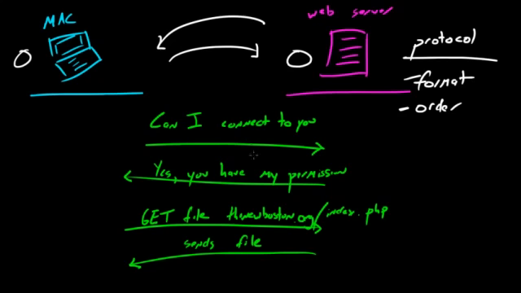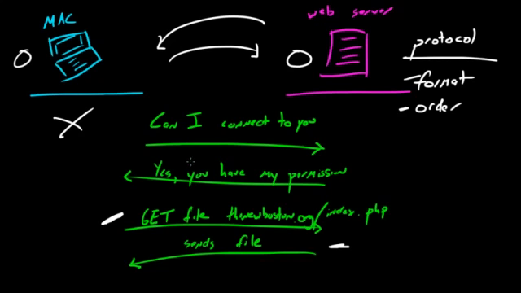If this Mac asked for a file before it even had permission, this exchange wouldn't work. Or if the web server was trying to send a file and the Mac hadn't even asked for one yet, things would get really messy, and computer networking would not be possible if every web server in the world was just sending random files out. Probably the internet wouldn't be as successful as it is today.